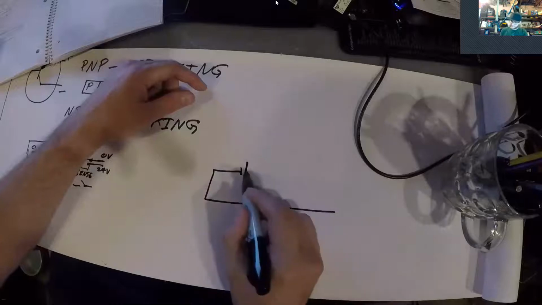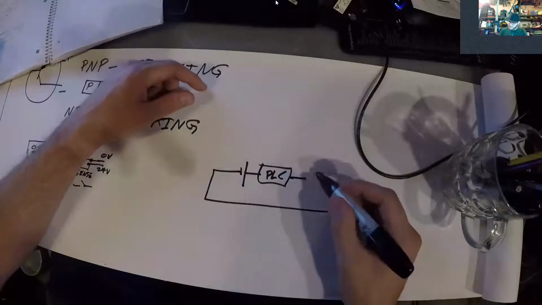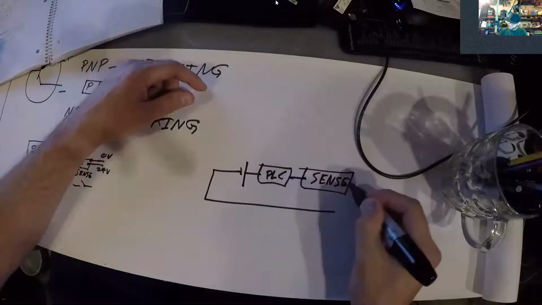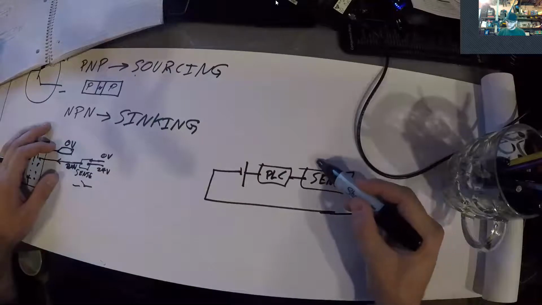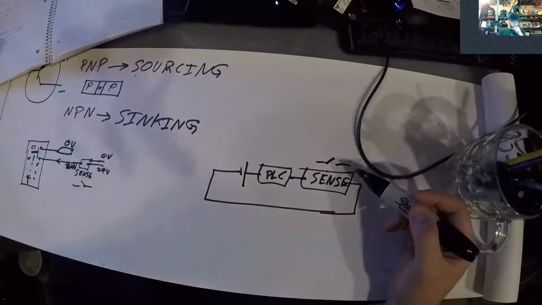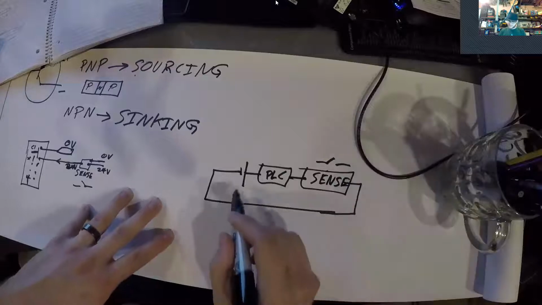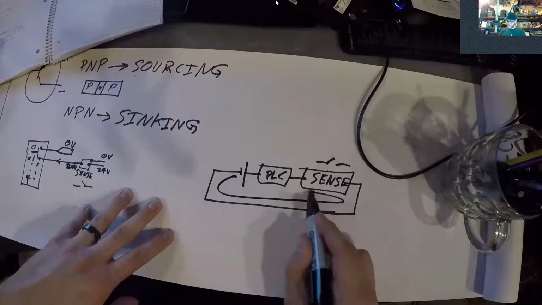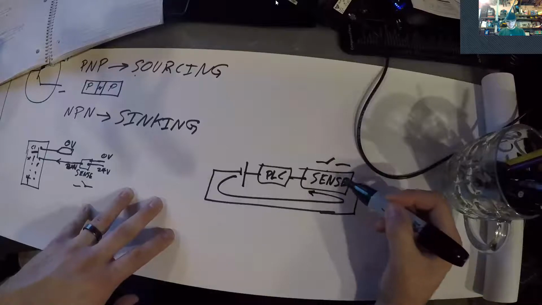circuit, you have your PLC, and then in series with that, you have your sensor. And this is just a simple circuit. And so this block right here, this sense block, is just a switch. And so in this diagram, your current is flowing this way. And so you're switching the source.